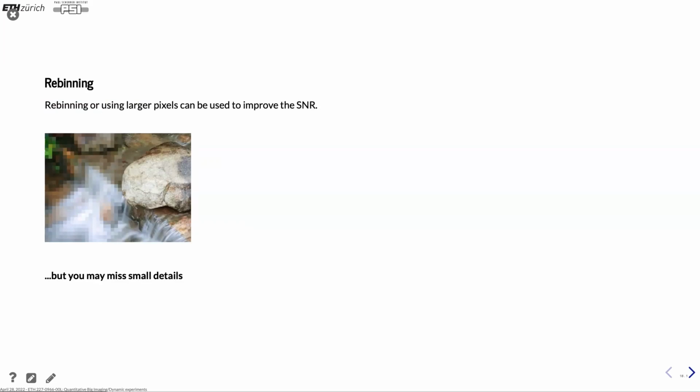It may still show what you want to see, so then it's fine. On the other hand, you may want to increase your exposure time, and then you have very sharp images. Those are the two options you have. But every one of these measures will result in you missing some small details, either in time or in space.